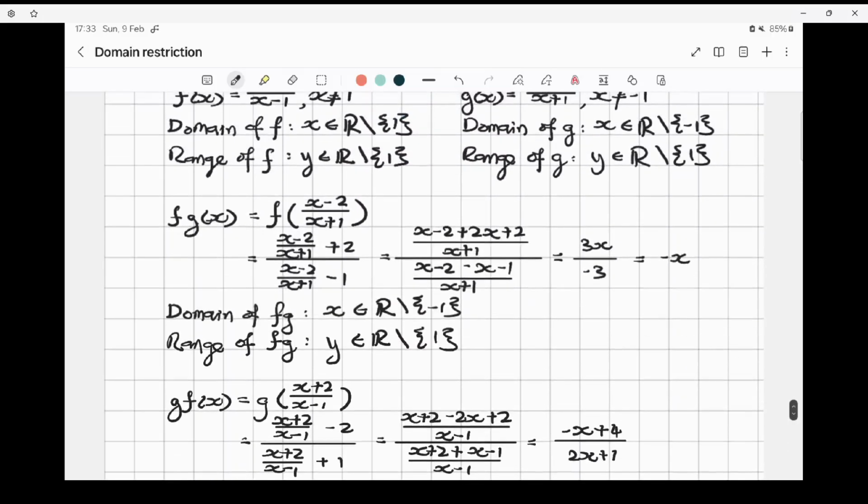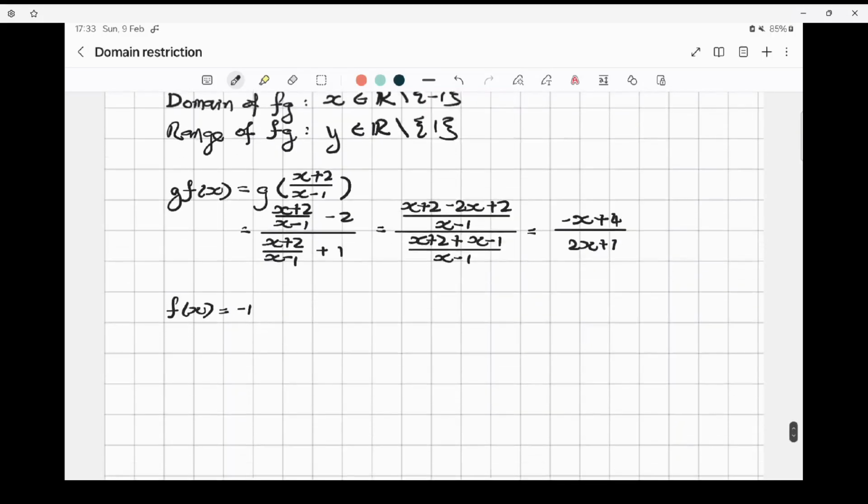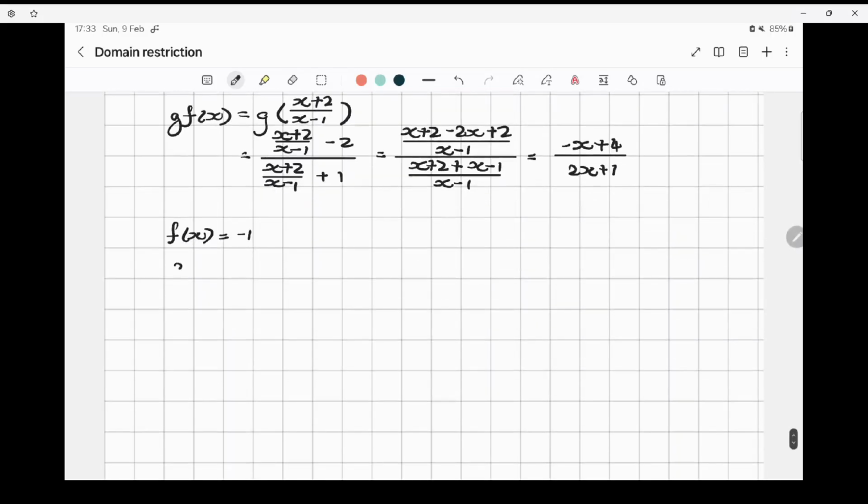So x plus 2 over x minus 1 equals to minus 1. So what this means is x plus 2 equals to 1 minus x.